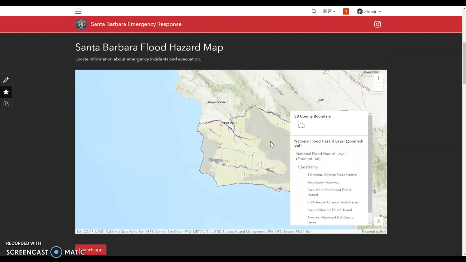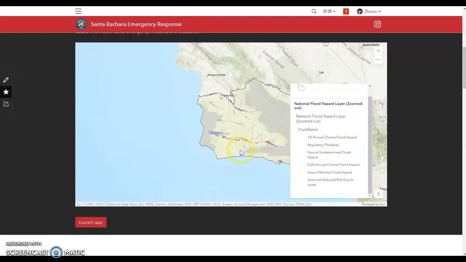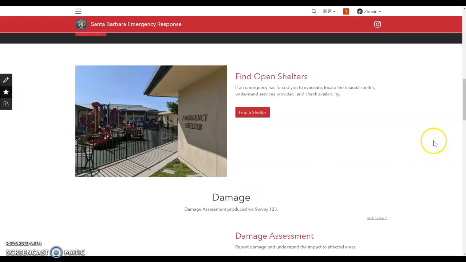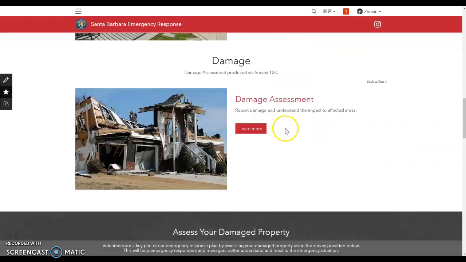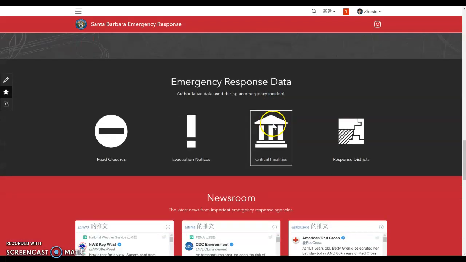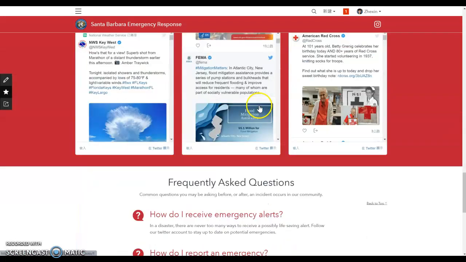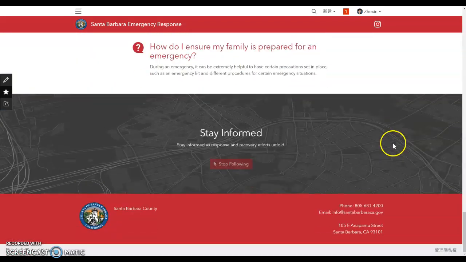This map shows the flood hazard we just talked about. We also have options to find shelter, and residents can do the damage assessment for themselves to help officials about the situation. Then we get extra data and news to keep people up to date.